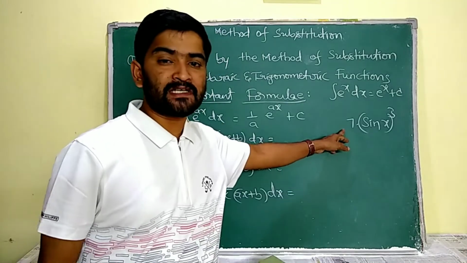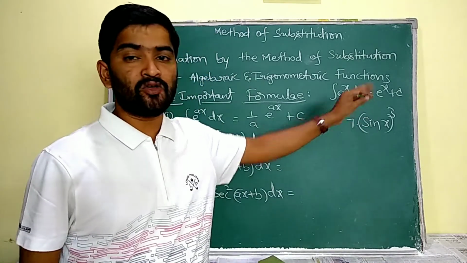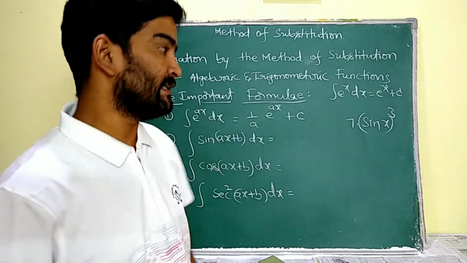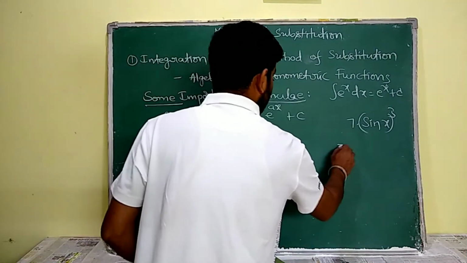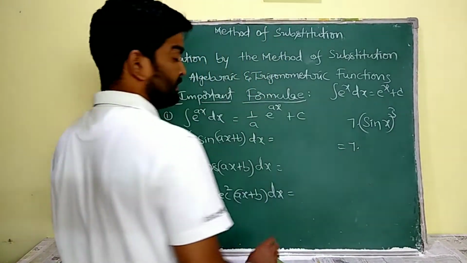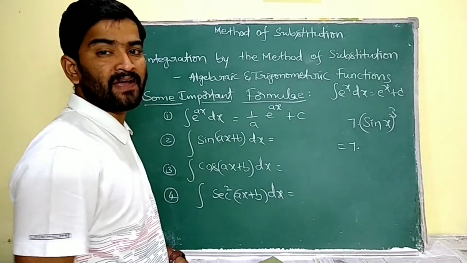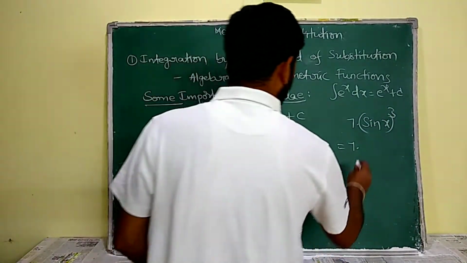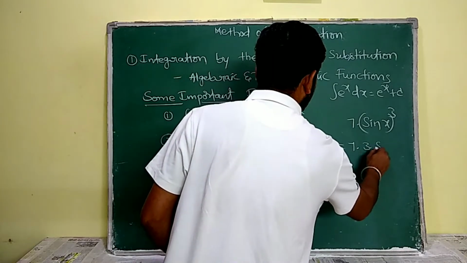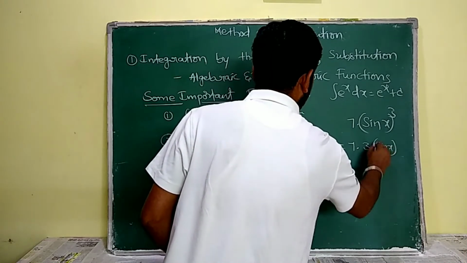Understand? For example, suppose 7 into sin x whole cube is going to be derivated. Then 7 is a constant, so we keep the 7 outside. Sin x whole cube is in the form of x cube. For that x cube we know the derivative is 3 into sin x whole power of 2.